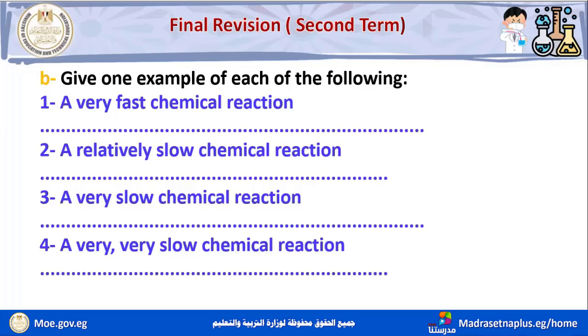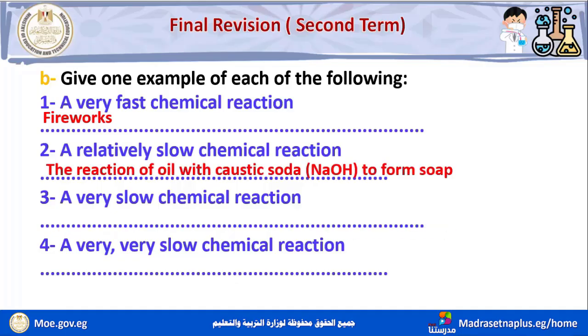Letter B, give one example of each of the following. Number one, a very fast chemical reaction: fireworks. Number two, a relatively slow chemical reaction: the reaction of oil with caustic soda, NaOH, to form soap.